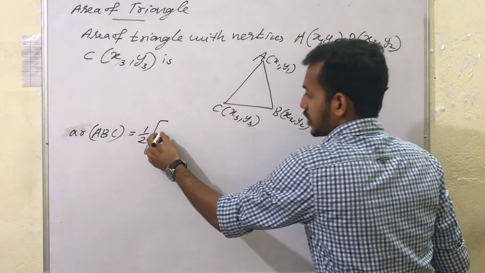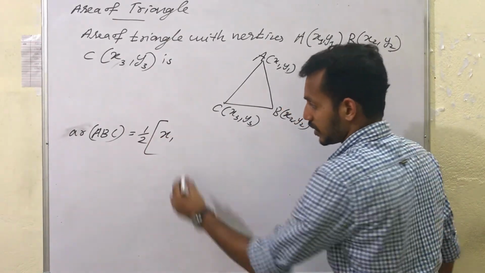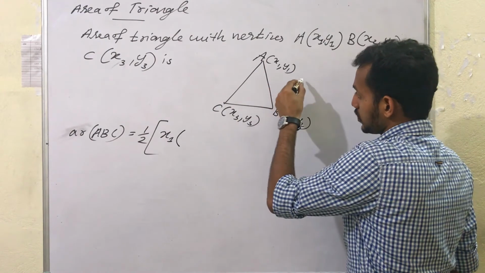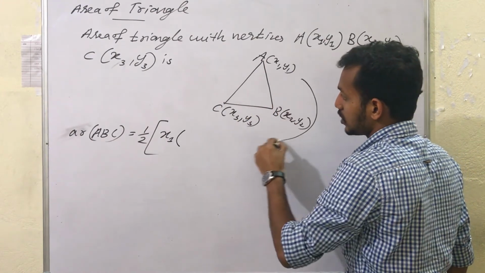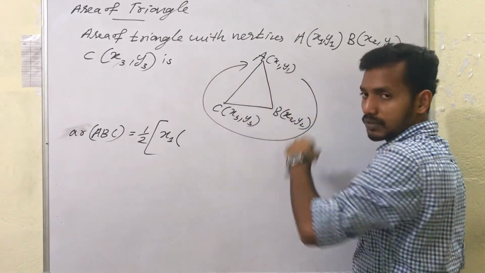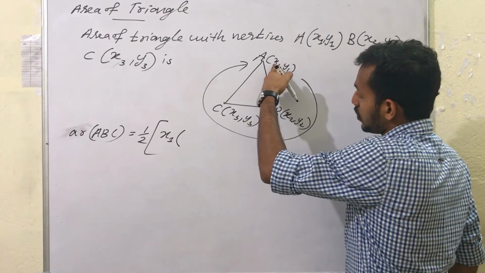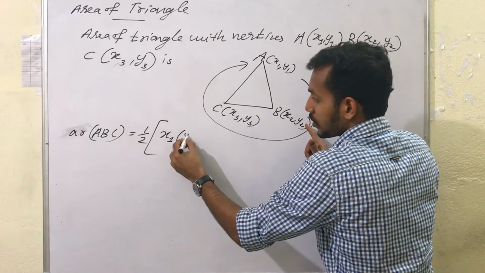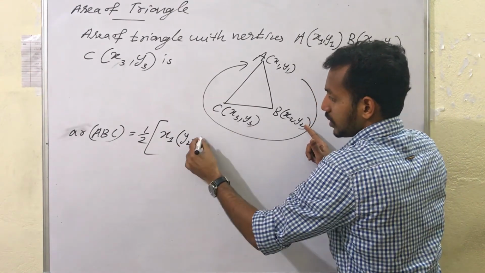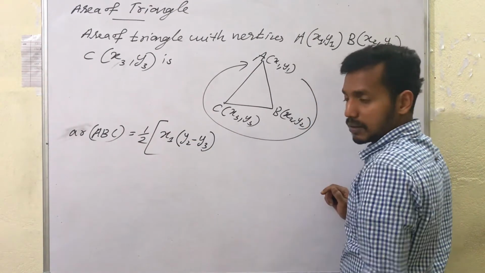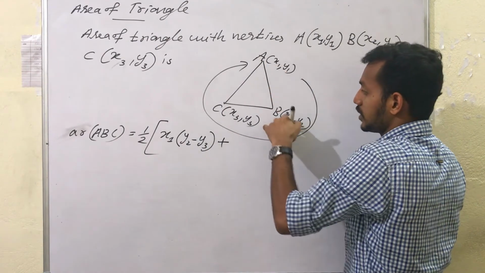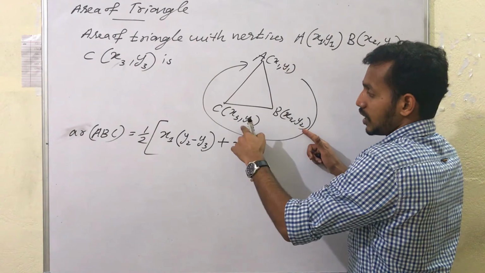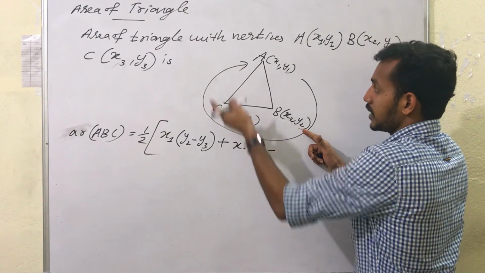first write the x coordinate x1 into, taking the cyclic order, y2 minus y3, don't write y1. Plus x2 into, don't take y2, start from y3, y3 minus y1.